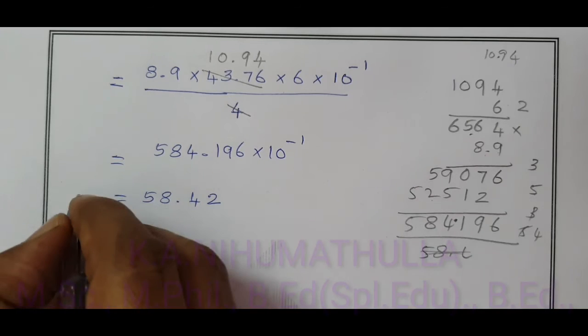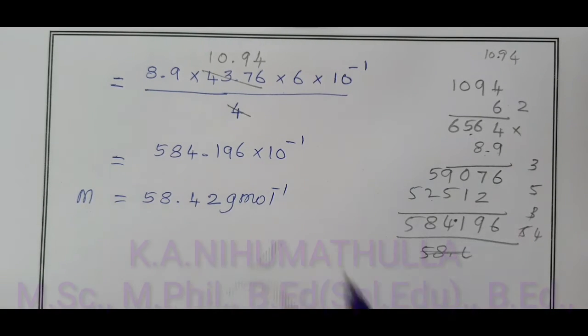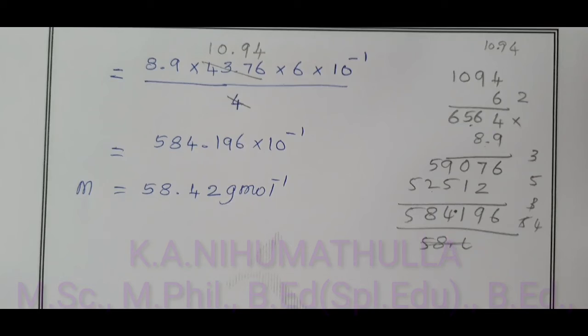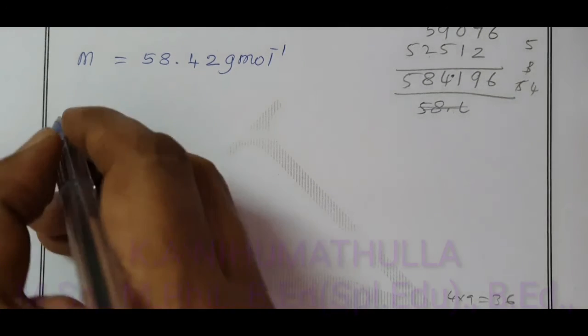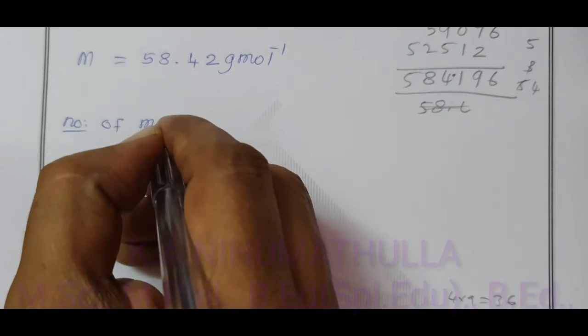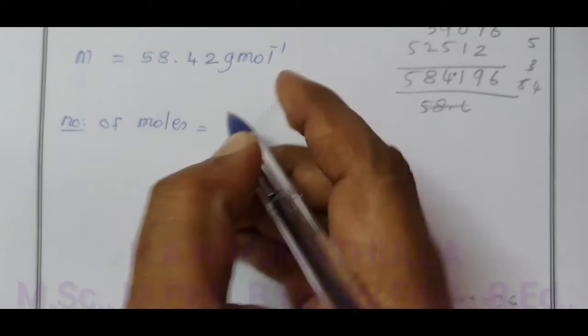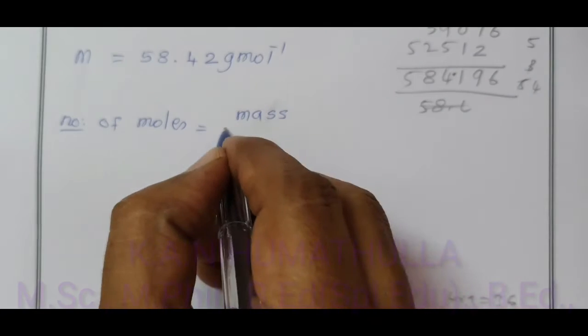This is our molar mass in gram mole power minus 1, but we have to calculate how many atoms are present in 100 gram. Number of moles formula we know. Number of moles equal to mass by molar mass.